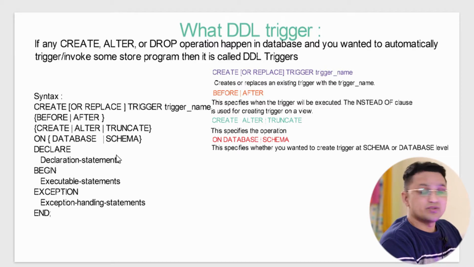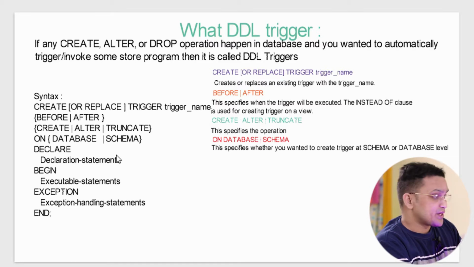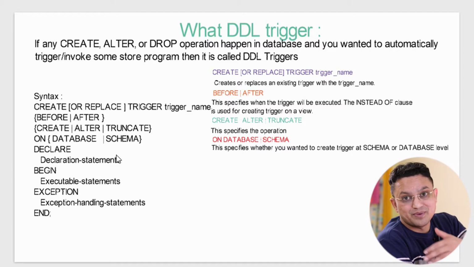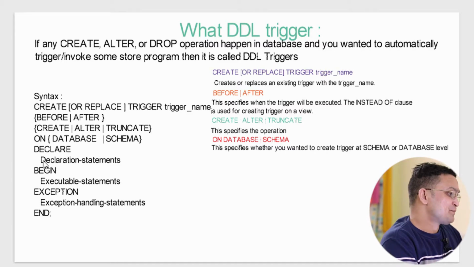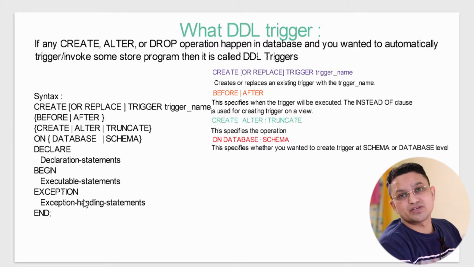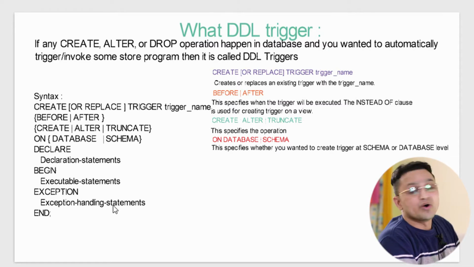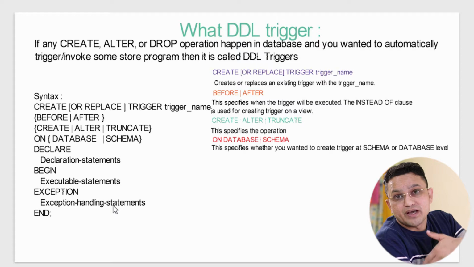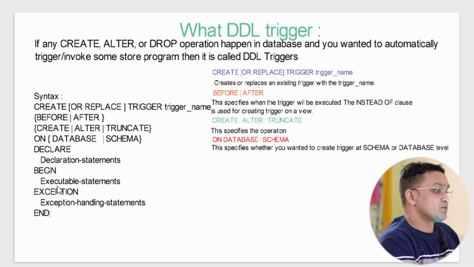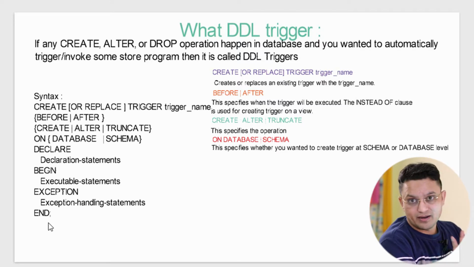In the declare section you can write anything you wanted to write. You can declare the variables over here, and in between the begin and end you can write the logic, whatever you wanted your program to do, in between the begin and end section.